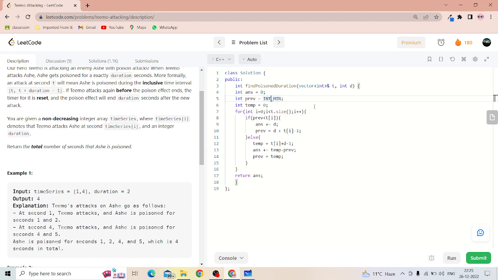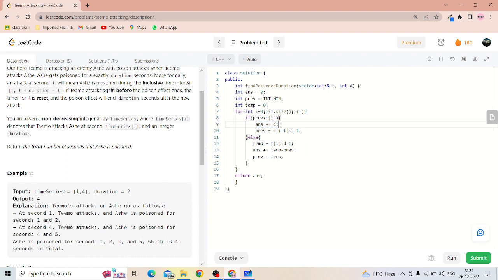I have done a for loop from I equal to 0 till the time series size. There are two conditions. If the previous is less than this time series of I, that is, if this previous is less than this array's element, then we will simply add this duration.